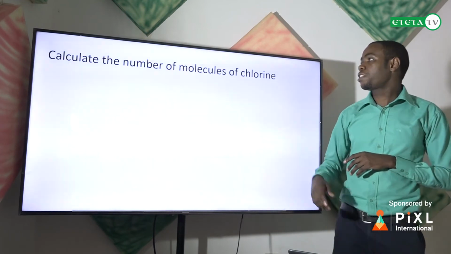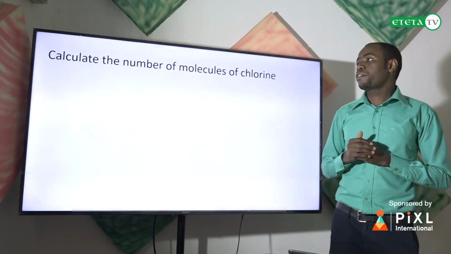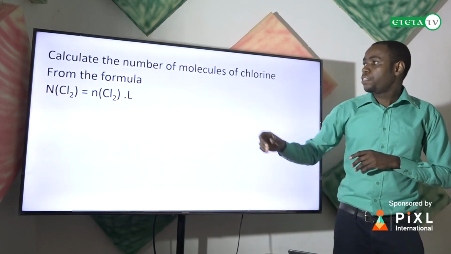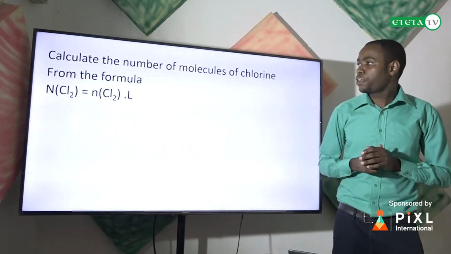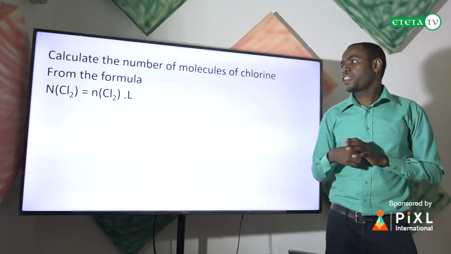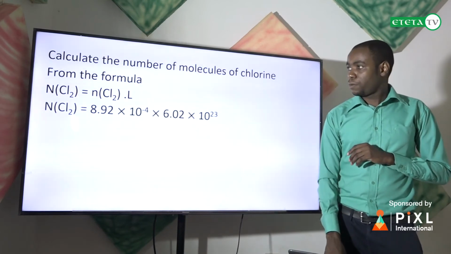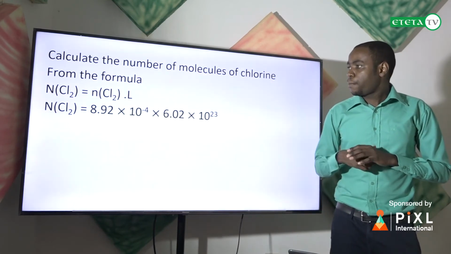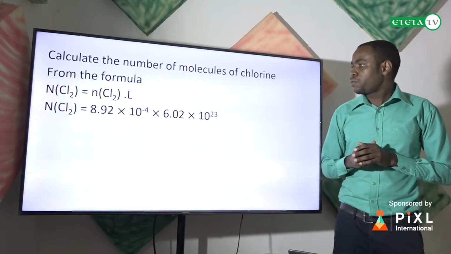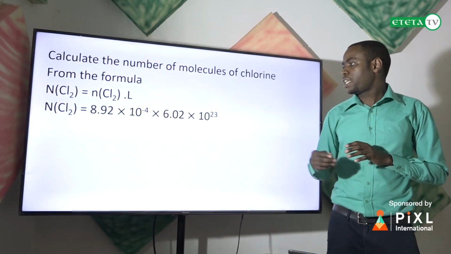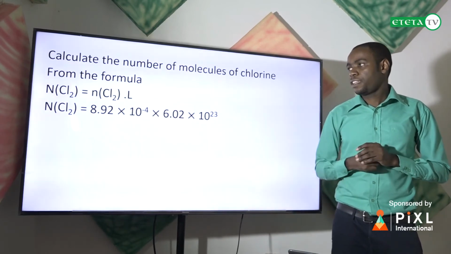Now we are going to calculate the number of molecules of chlorine. How? It's by using this formula. The number of molecules of chlorine is equal to number of moles of chlorine multiplied by Avogadro's constant. So it will be equal to 80.92 times 10 raised to -4 times 6.02 times 10 raised to 23.